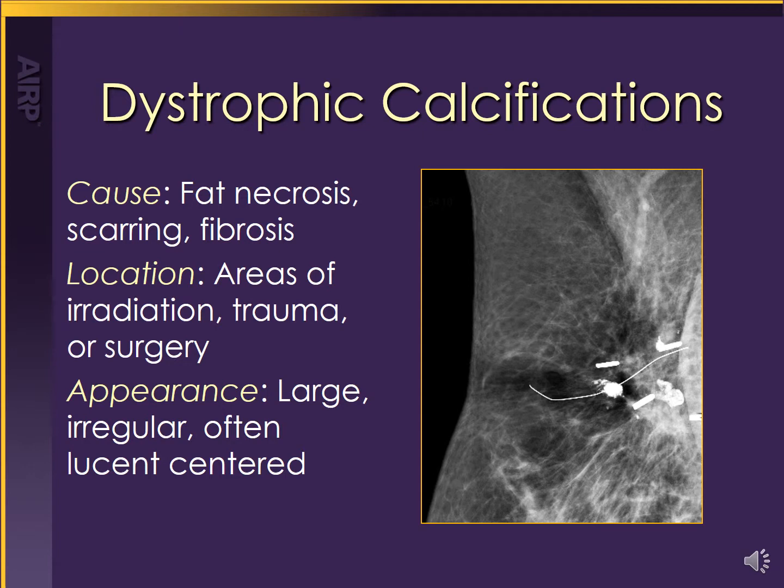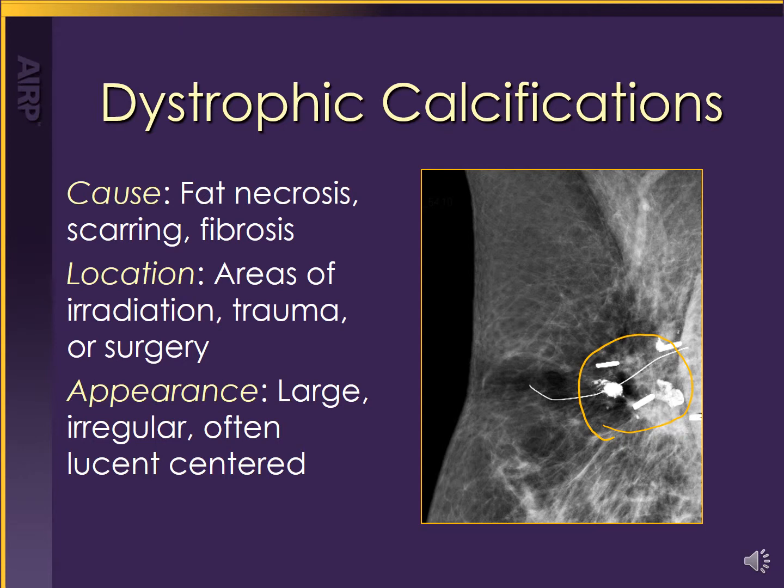Dystrophic calcifications are a variation of rim type calcifications. I know sometimes we use dystrophic as a wastebasket term, but it really applies to a very specific type of calcification. Dystrophic calcifications are almost always going to be seen in a lumpectomy bed, often after radiation.